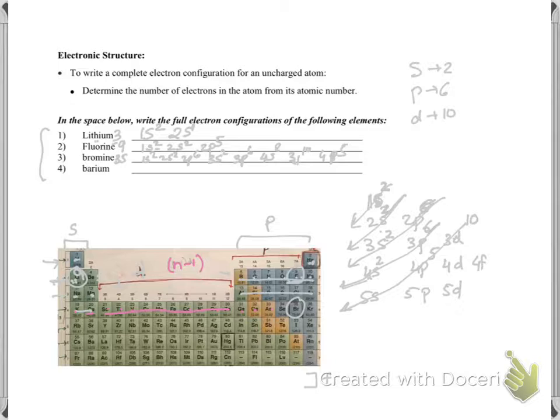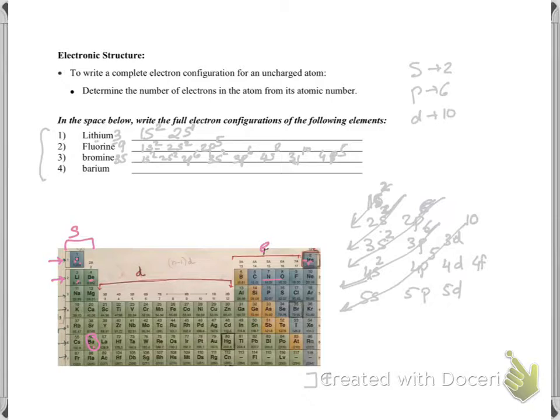Let's look at the last one, which is barium. Here's barium. So we start here, 1s2, because it's in the first row and both are s. These are s, these are p. Second row, 2s2, then these are p.